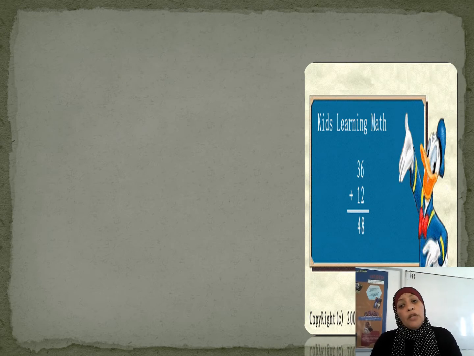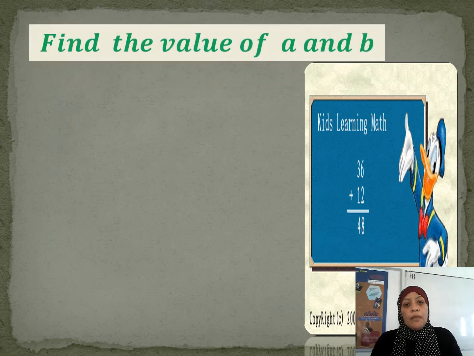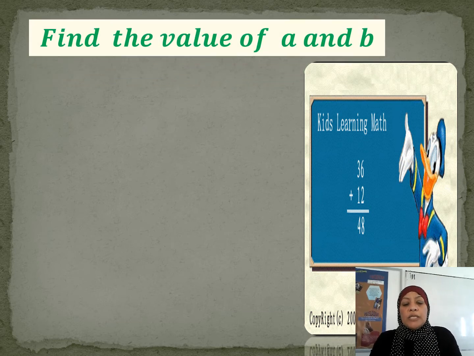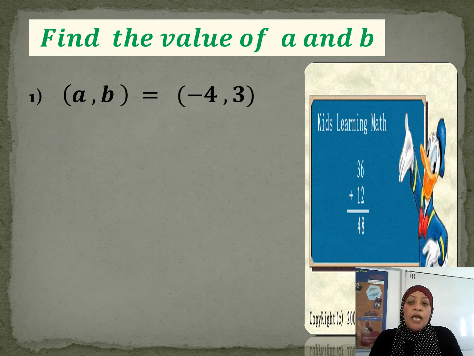Now find the value. I will use this relation to solve the problem. Find the value of a and b. Here, what's my condition? Equal. And don't forget, equal ordered pairs means first equals first, second equals second.